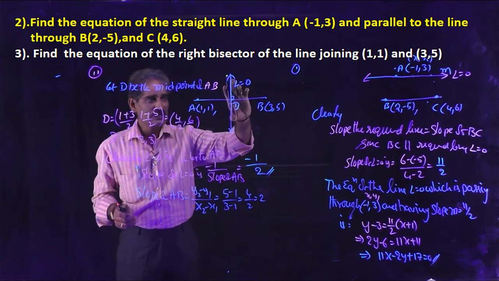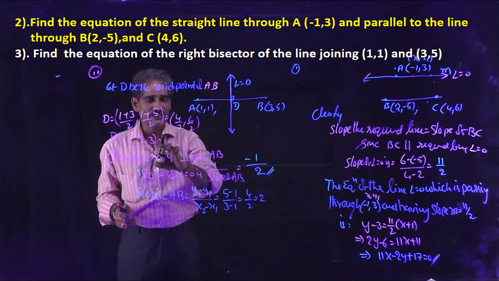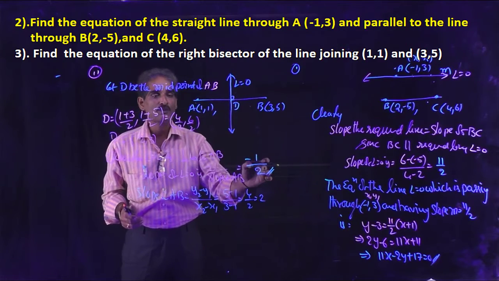Now the equation of this line passing through the point 2, 3 and having the slope minus 1 by 2.